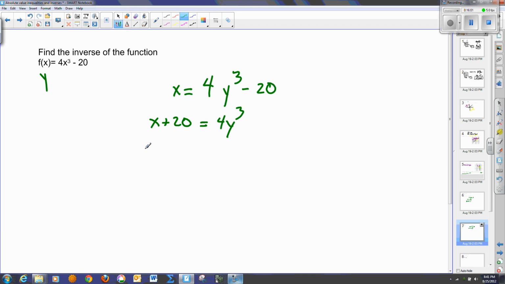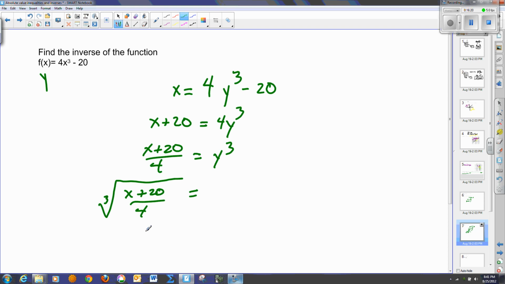Take and divide by the 4. And in order to undo a cubed, I'm going to cube root both sides. Okay? And that's my inverse function.